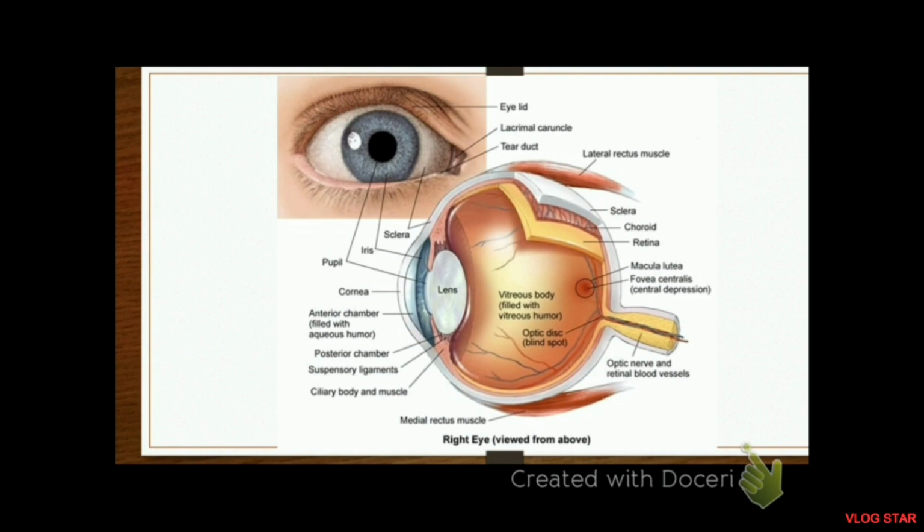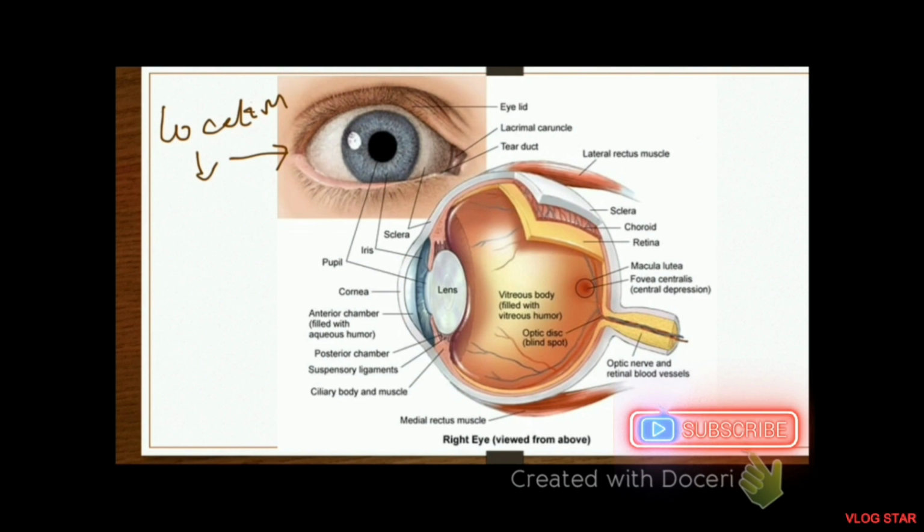Now the first and foremost thing that we understand by looking at the eye is where it is located. So let's talk about the location of the eye. The eye is located in deep protective bony cavities.